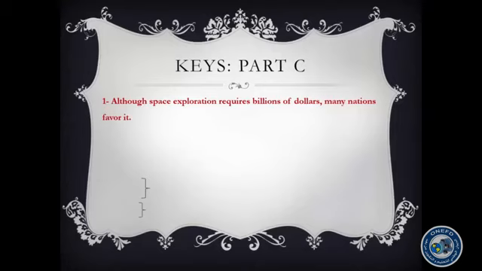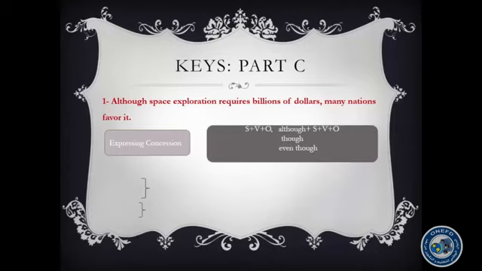Good. And as you know, in English we don't only have although to express concession. We have many other connectors. Can you give me examples of them? Yes, good. So let's see. We have not only although, we have though and even though. Though and even though are like although.